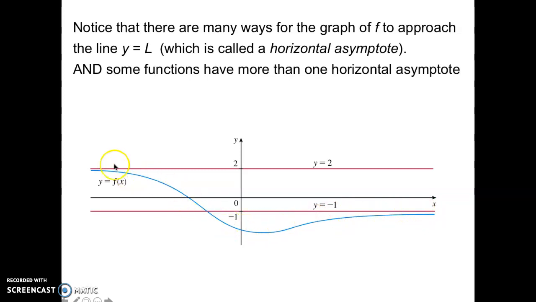But the left tail behavior, as we head toward negative infinity, looks like the curve is leveling off to an output of y equals 2. So y equals 2 is the second horizontal asymptote as x approaches negative infinity. Remember, we can have at most 2 horizontal asymptotes. We sometimes have 1 and sometimes none.